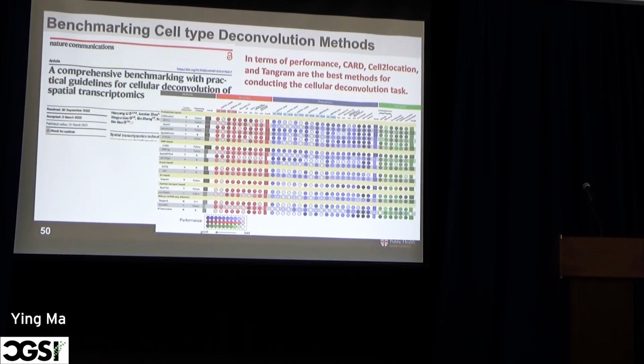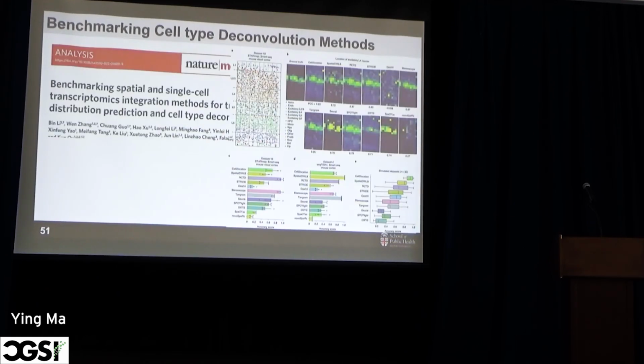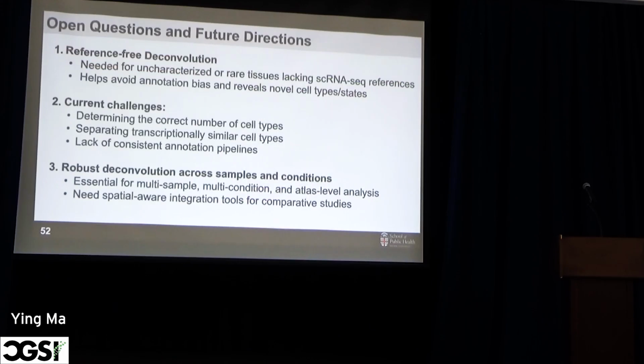Tangram is actually the method that tries to map single cells to the spatial location. Another study benchmarked single cell and spatial transcriptomics integration for distribution prediction and cell type deconvolution. They also found that among these different methods, the reference-based methods also rank as the top methods.